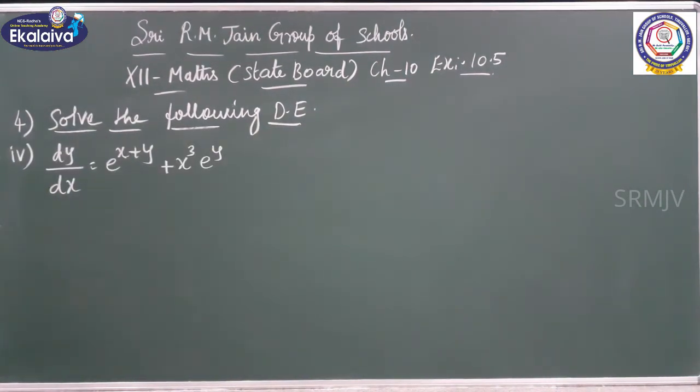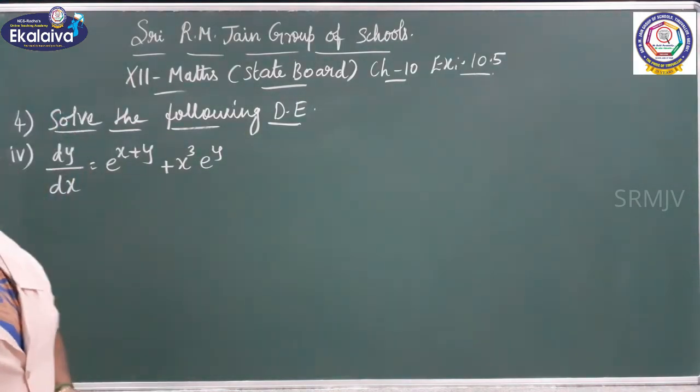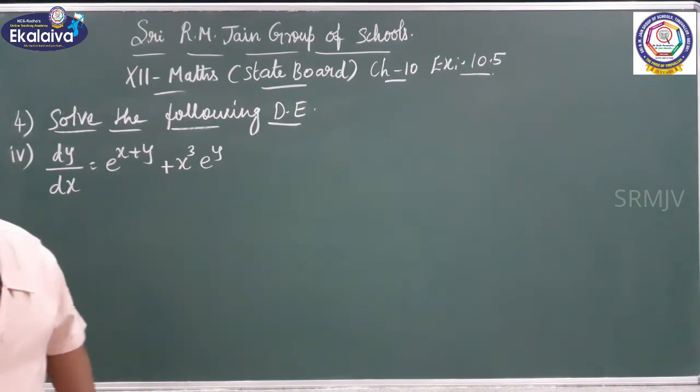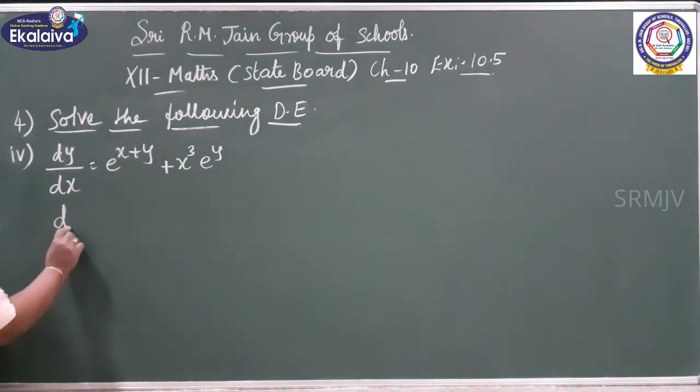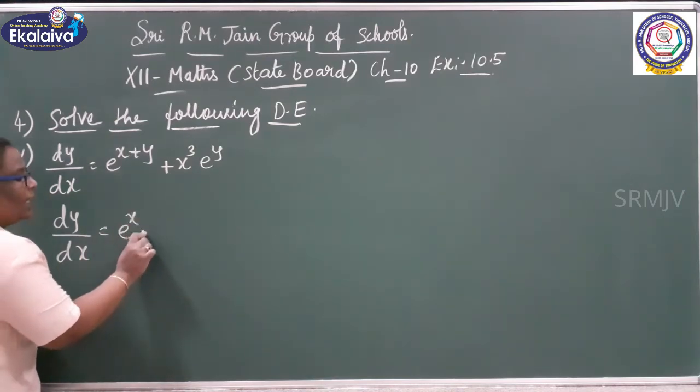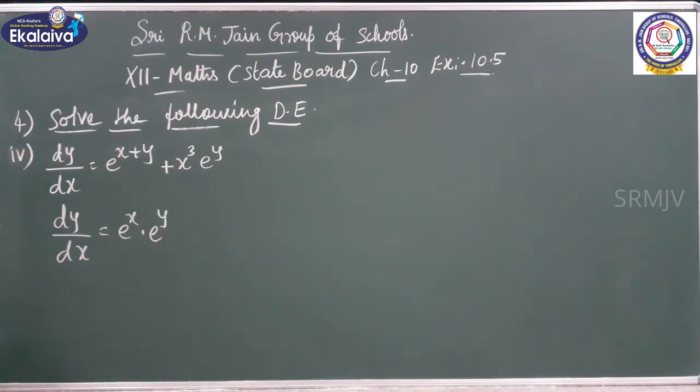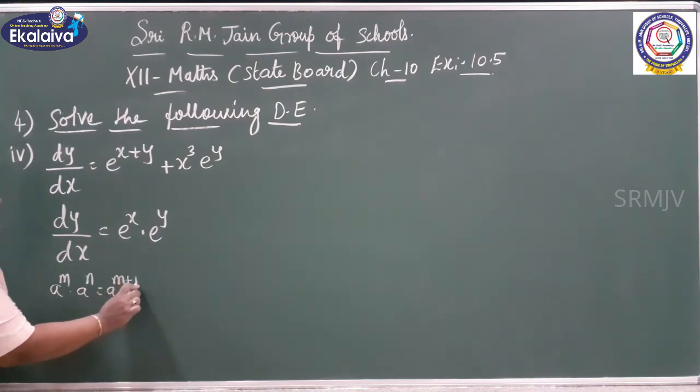See the fourth subdivision, dy by dx equal to e power x plus y plus x cube into e power y. See here, dy by dx equal to e power x into e power y. You can write it as e power x plus y because we can use the exponential form a power m into a power n equal to a power m plus n.